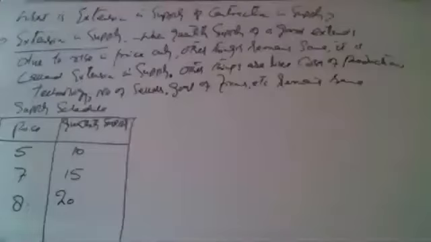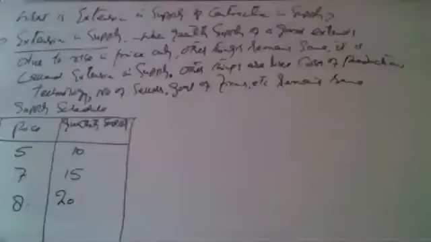Let us make it in a good manner. For example, this is 5 and this is 10. 5 is price, 10 is supply.